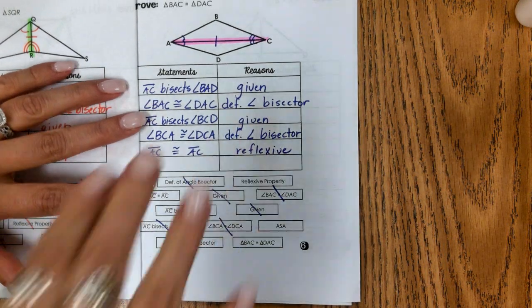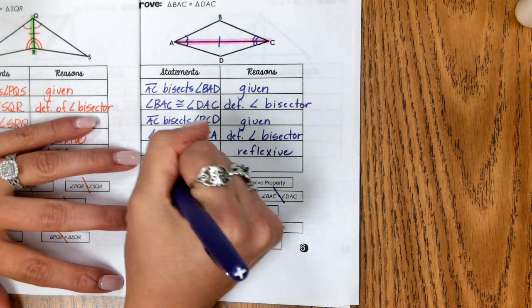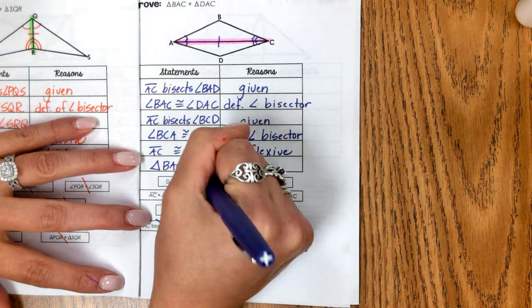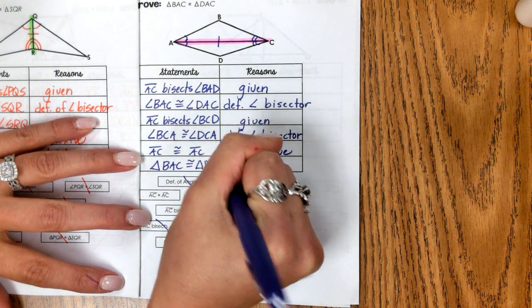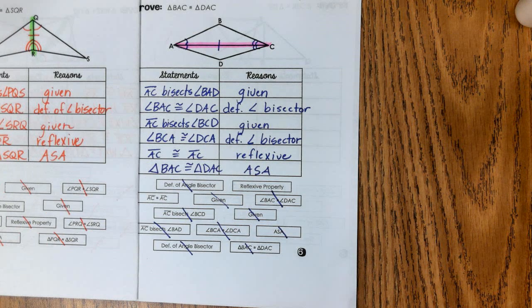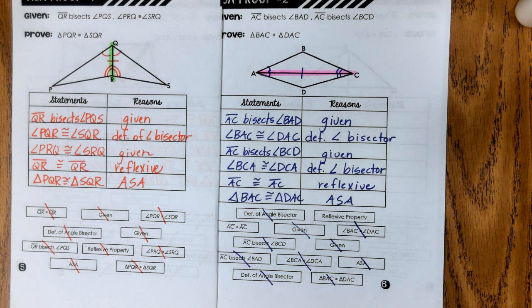So with that being said, you can now prove that the two triangles are congruent. So triangle BAC is congruent to triangle DAC because of the angle side angle postulate. So those are examples of angle side angle.